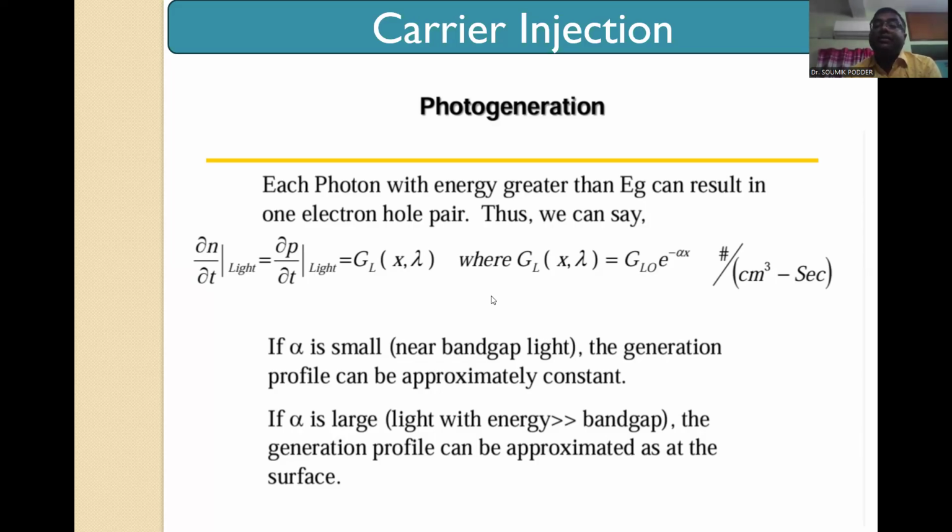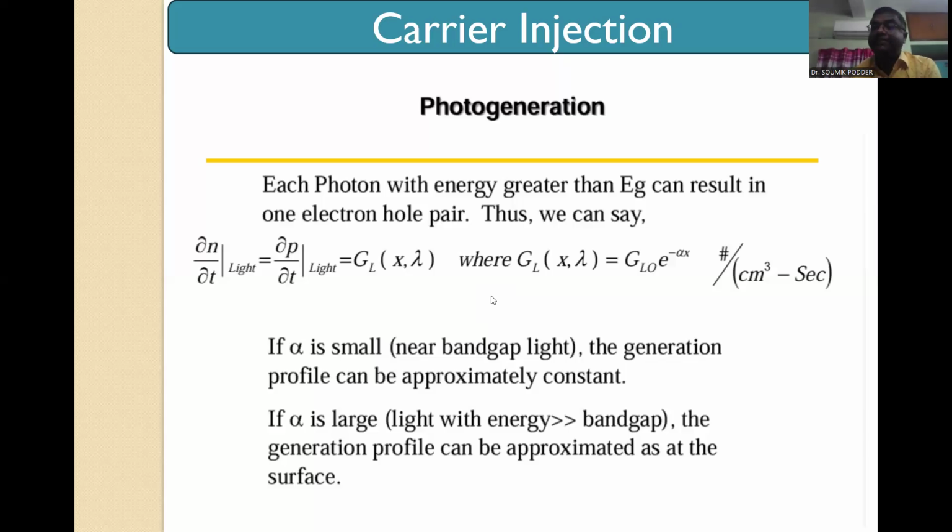This is called the rate of generation of the electrons after impinging of the light, which will be equal to the same rate for the holes due to the light incident, which is known as the generation rate. G stands for the generation rate. GL means the photo generation. L stands for the light. So GL of x comma lambda.